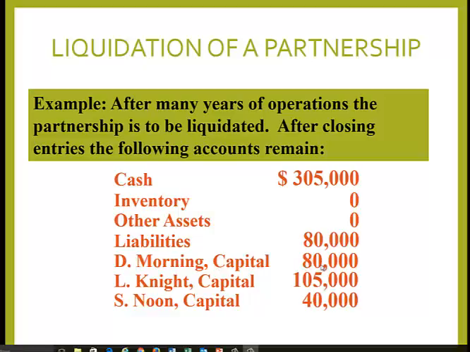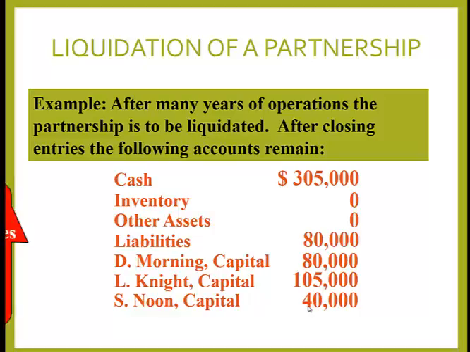Remember, Morning had $95,000 and we reduced her capital by $15,000. Now she has $80,000. Night had $120,000. We reduced it by $15,000, so now he's down to $105,000. And then Noon had $55,000, which was decreased by $15,000. So her capital is now $40,000.